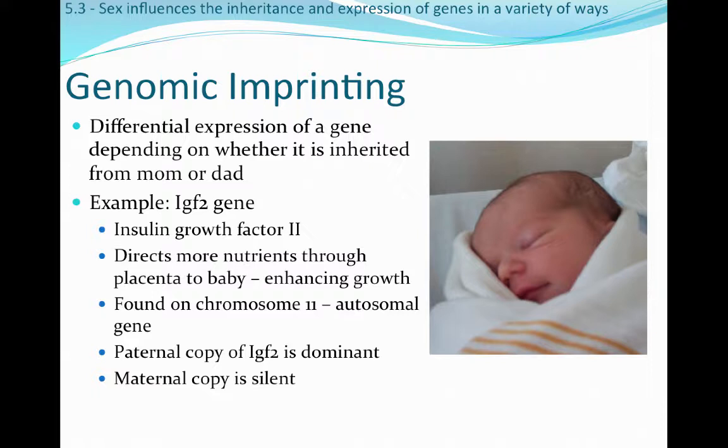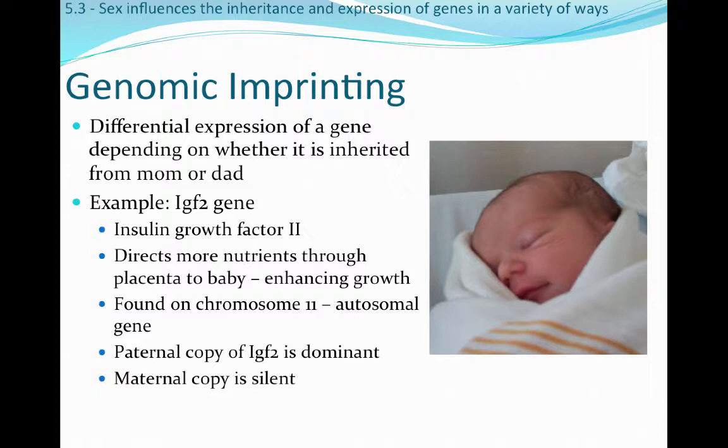All right, so genomic imprinting is defined as a differential expression of a gene that is dependent on whether it is inherited from mom or dad. So, an example of this, as described in the book, is the insulin-like growth factor 2 gene, or IGF2. And this gene is responsible for directing nutrients through the placenta to the baby during gestation.